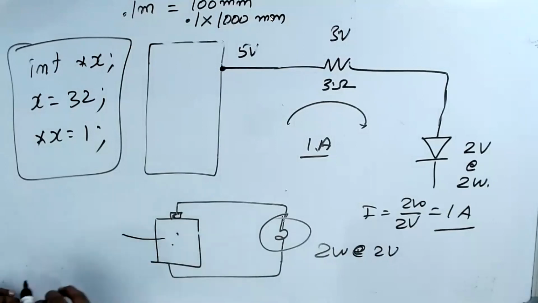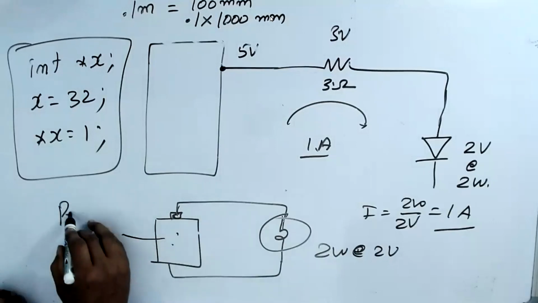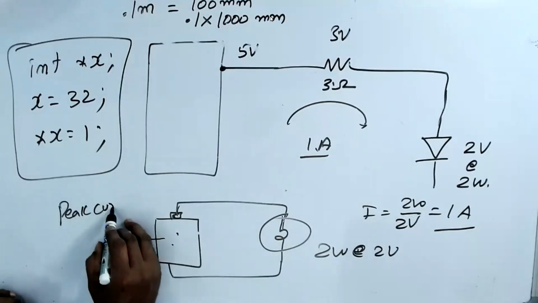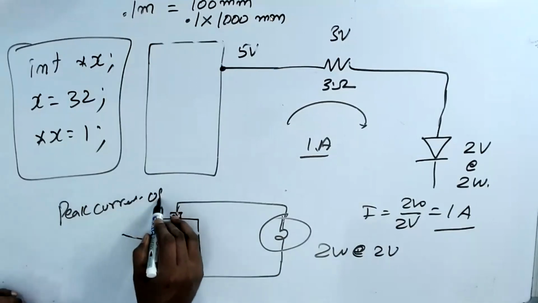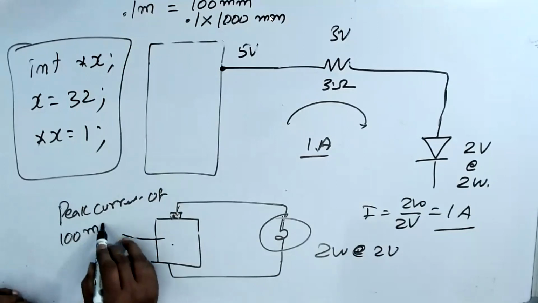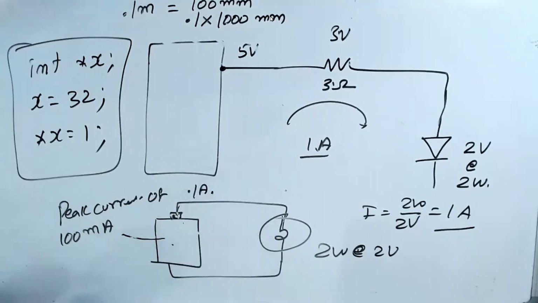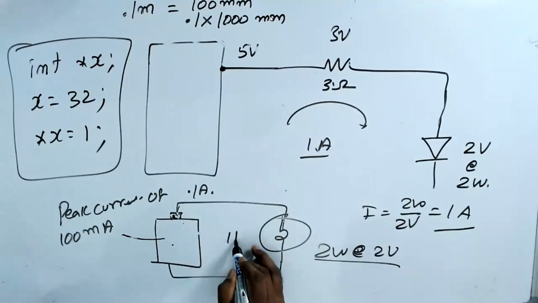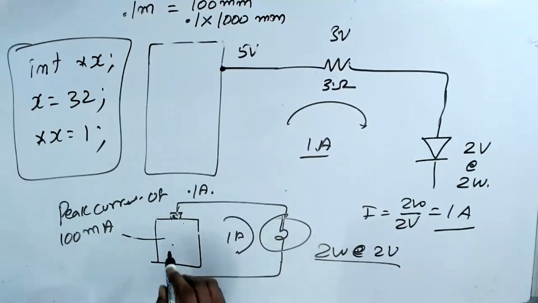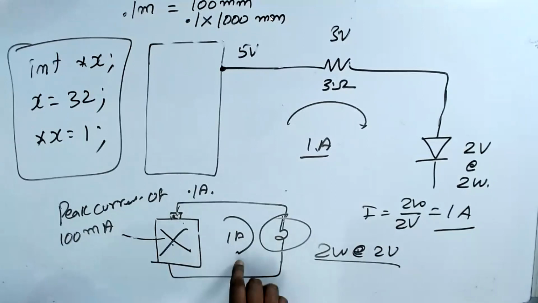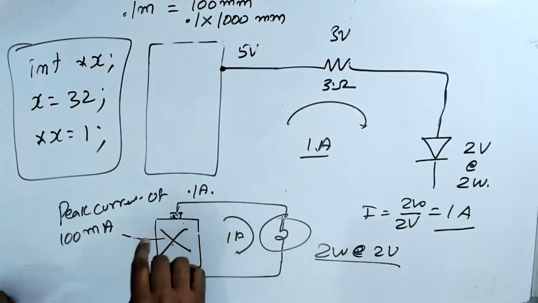This battery can give a peak current of 100 milliampere, that means 0.1 ampere. Now, how much are you drawing? If you connect this, you will draw 1 ampere. Then the battery will get damaged.